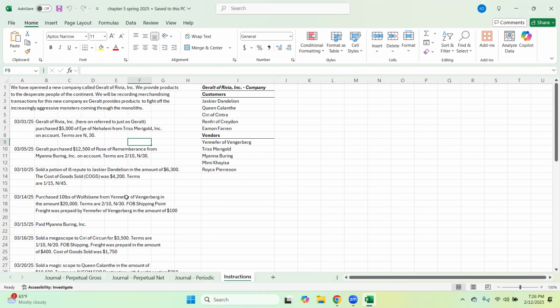There's two different inventory methods that we use. Sometimes we just call them inventory methods. There's perpetual and there's periodic. Perpetual is when we continuously update the inventory accounts. Periodic is when we have additional revenue and expense GL accounts to track the purchases and the sale of merchandise inventory.